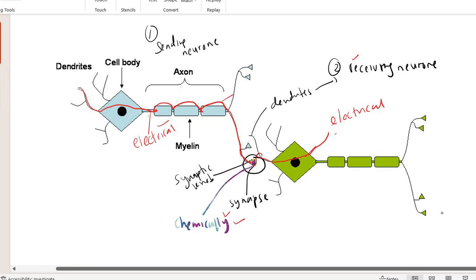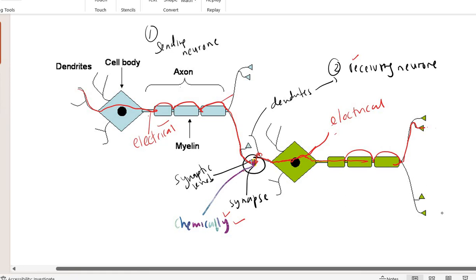The synaptic vesicle will be stimulated to release the neurotransmitter, which then combines with the receptor protein at the dendrite, and then initiates the electrical impulse to be transmitted in the form of electrical signal. So it will flow on, and this process will occur again.